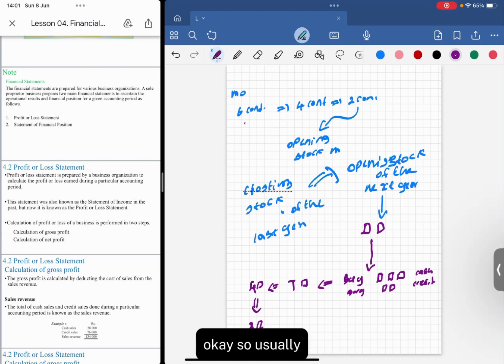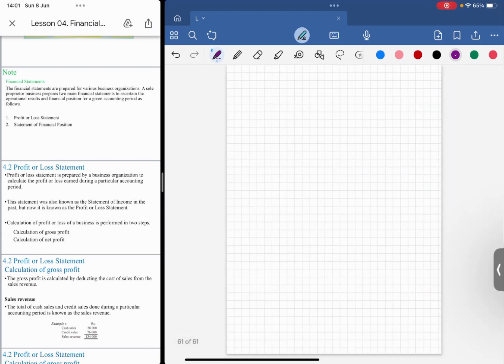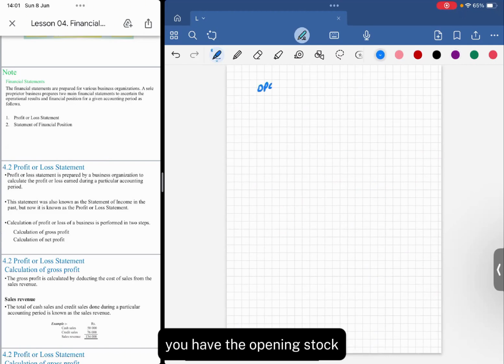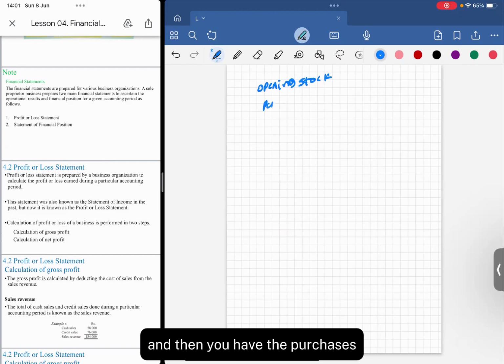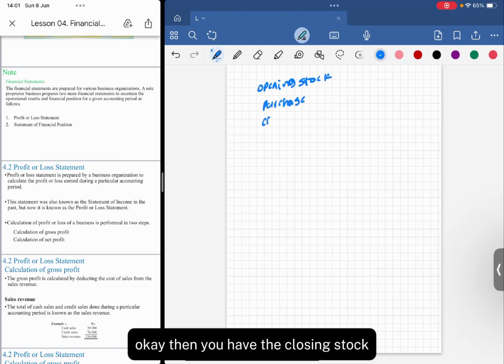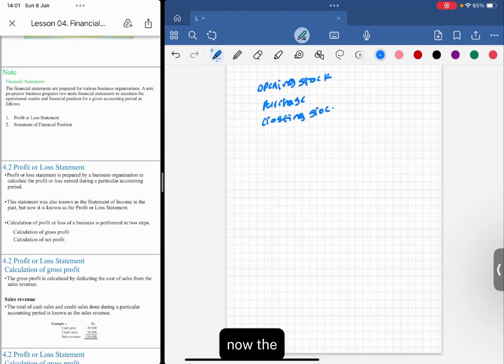Usually what happens in a business is you have the opening stock, then you have the purchases, then you have the closing stock.